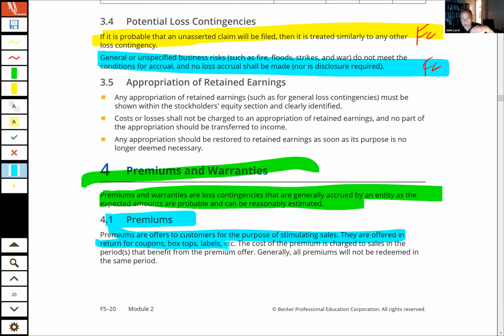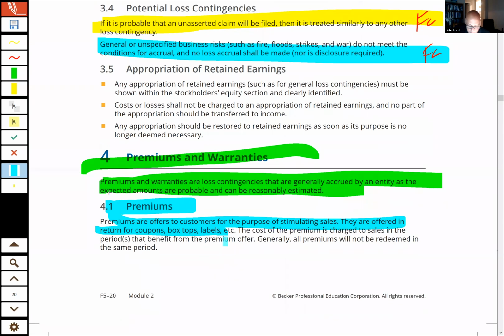So it's a way of driving sales, right? The company needs to estimate how many people are going to peel off the soup label and send them in to get this cup. So we have to estimate the potential cost of that cup for the people that are going to turn in the soup labels.